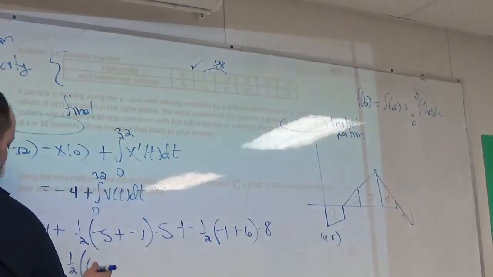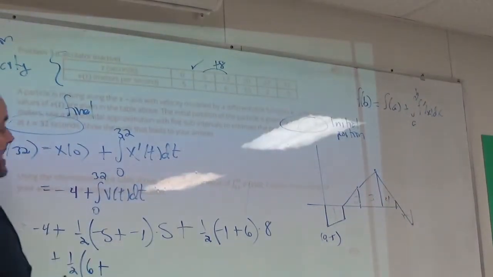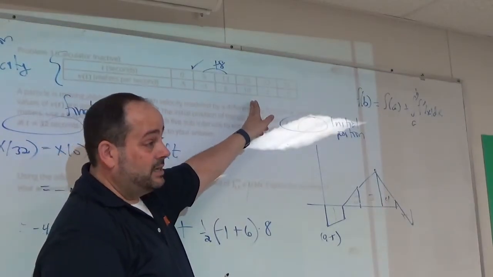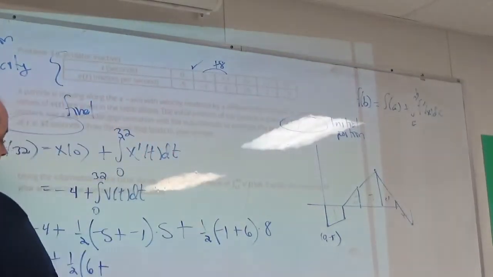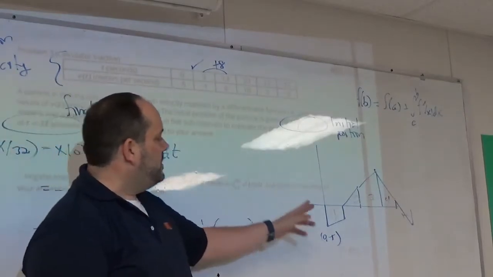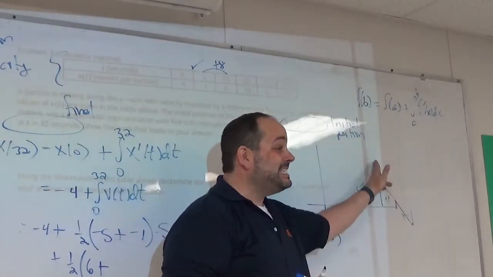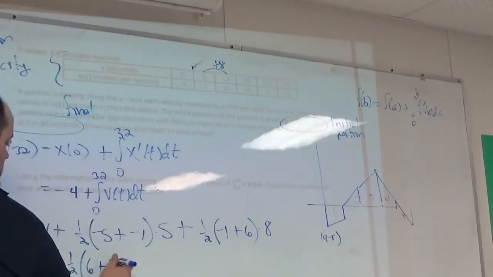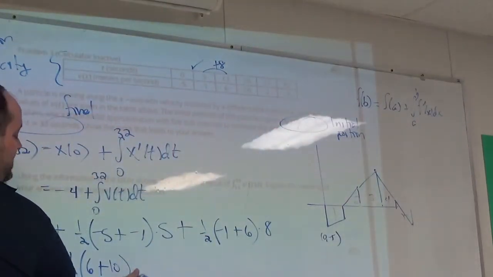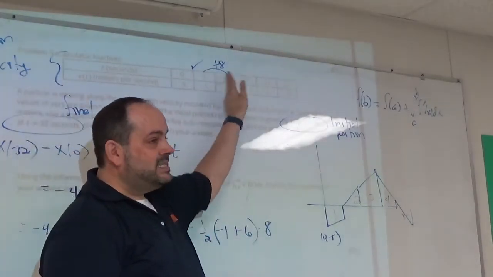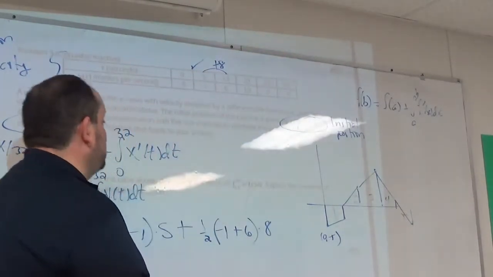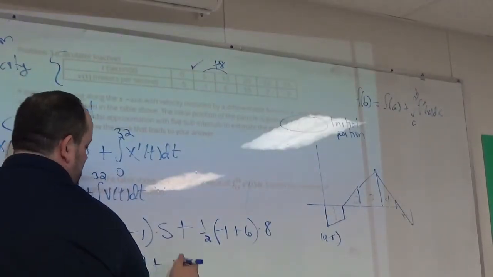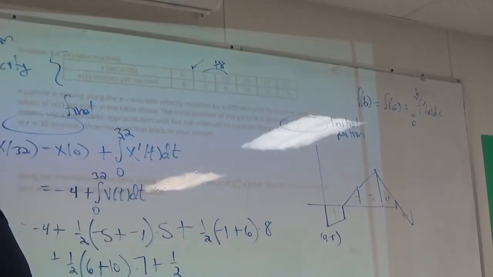So you've got a base of 6 plus what's the second base? You're going from (13, 6) over to (20, 10). The bases are how long the sides are. Oh, 6 and 10, right? So base 1 plus base 2 times the height, which is the distance between the two points. You're going from 13 to 20, so what's the height? 7. Plus the fourth one.